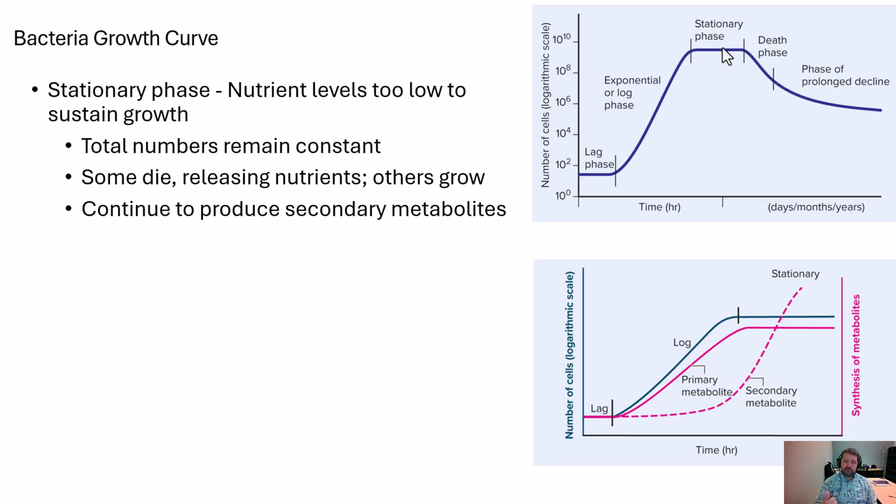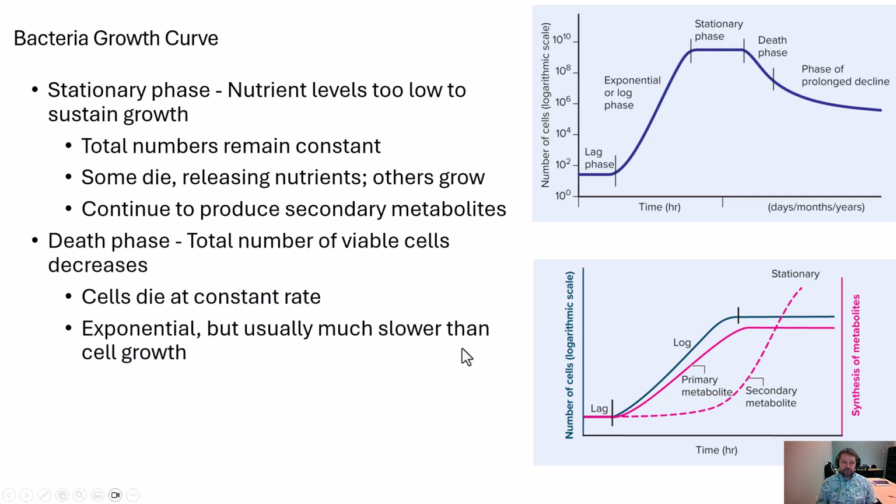So they withstand low nutrient levels, increases in temperature, pH, salinity, whatever it might be that the environment's changing. That stationary phase and those secondary metabolites seem to be very important for that phase.